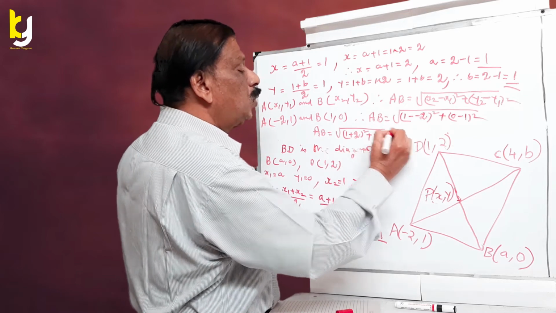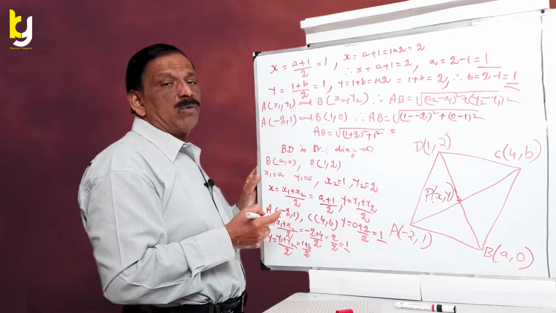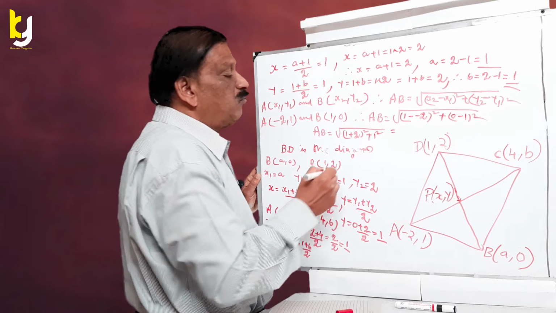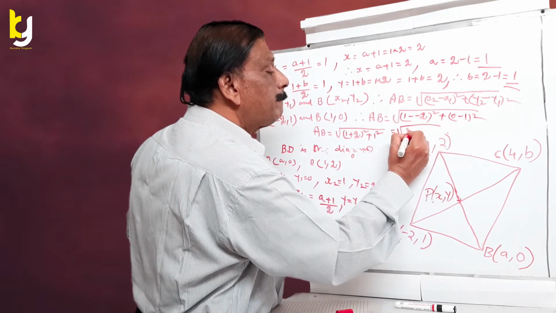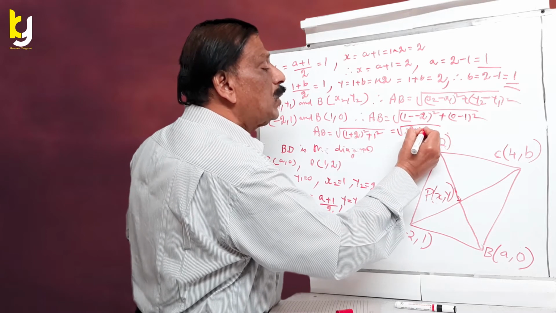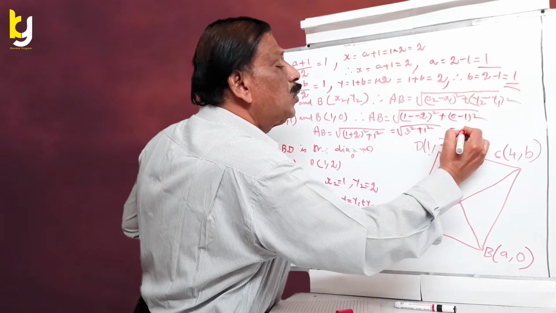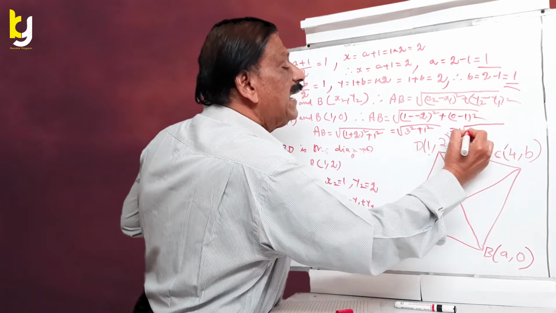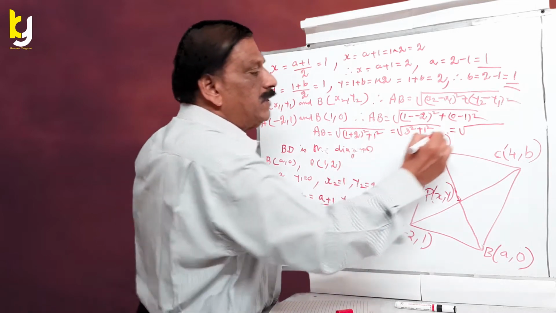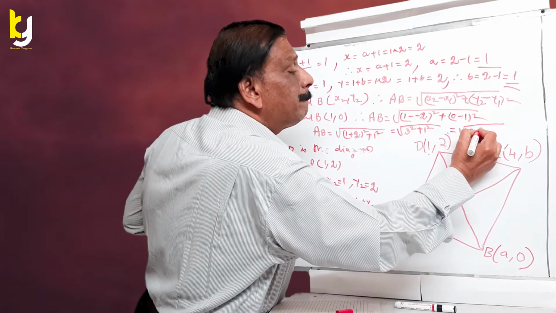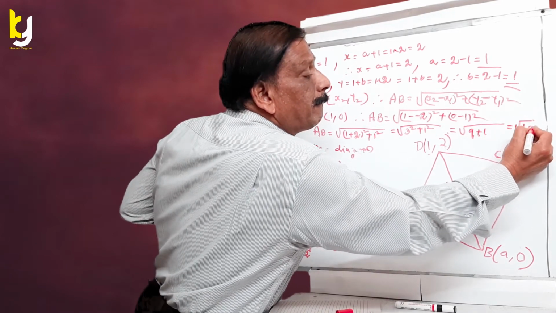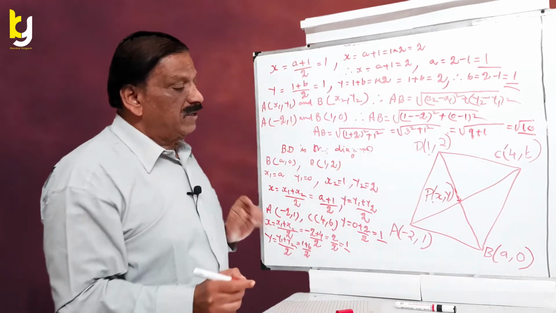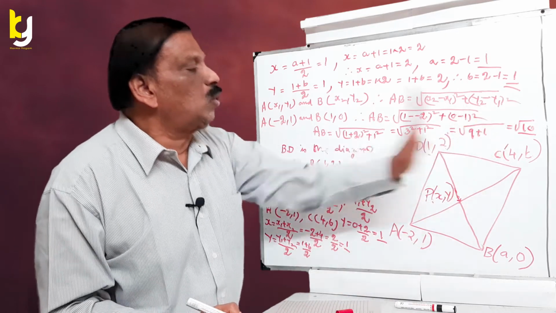This is equal to 1 plus 2 whole square, 1 plus 2 is 3. Therefore, root of 3 square plus 1 square, that is equal to root of 9. 3 into 3 is 9, that is 9 plus 1. That is equal to root 10. Therefore, this side AB is equal to root 10.